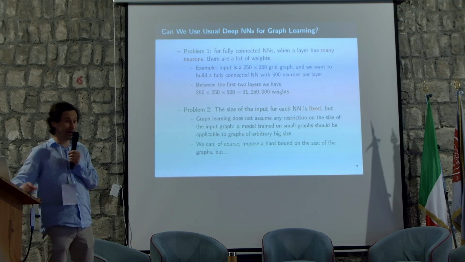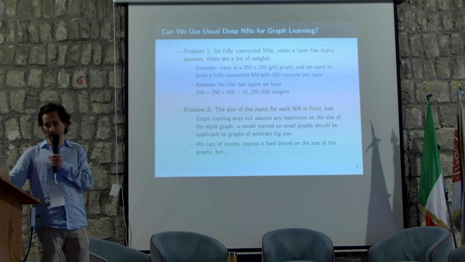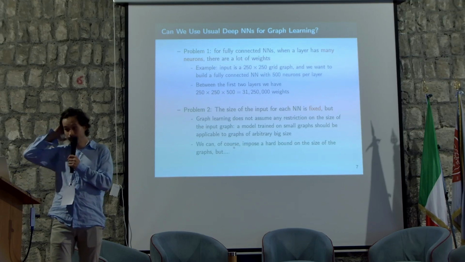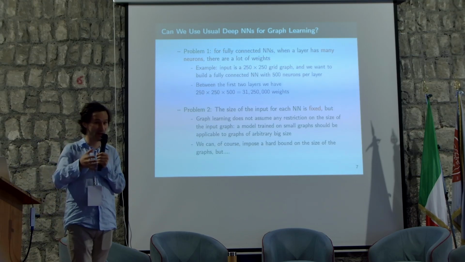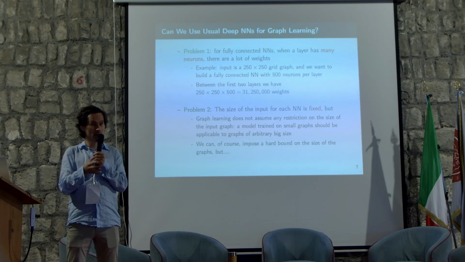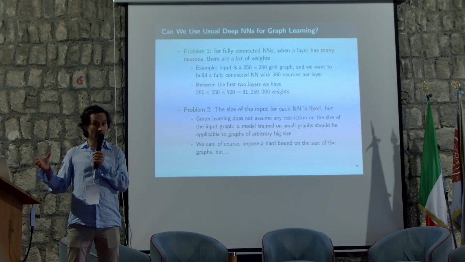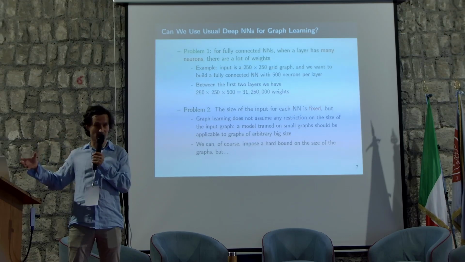But there is a more fundamental problem. So this is scalability, that's fine. But the more fundamental problem is that if the size of the input is fixed, then deep neural networks work. But for graphs, we want our function to work for graphs of any size. So we want to learn on small graphs and apply the same thing to an arbitrarily large graph.